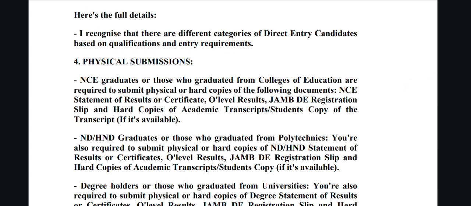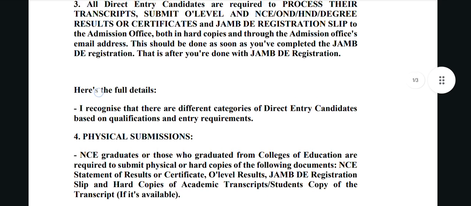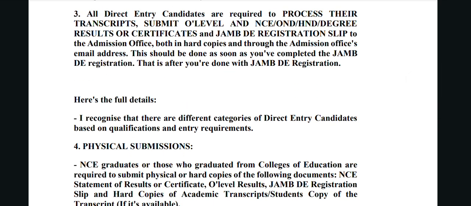I've said earlier that we have different categories of people applying for admission through direct entry, based on their qualification and the institution they attended. But for every one of these candidates, what is most important is that they process their previous academic transcripts, which may be in either physical form or soft copy.